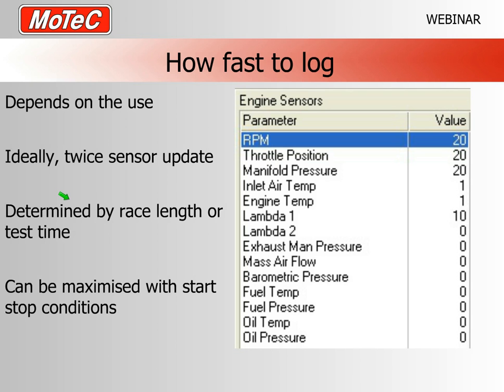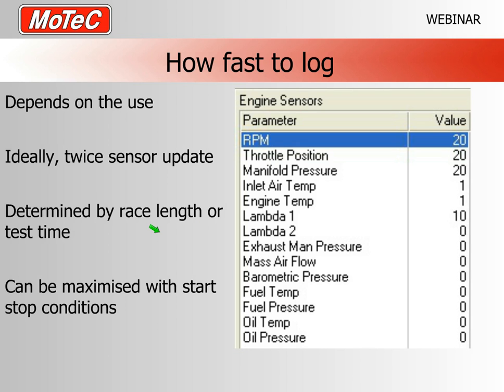If the engine's tuned, and this is merely a driver's session, then we don't need to log RPM at 50 Hertz and lambda at 50 Hertz. But we'll need to log them fast enough so that we can keep an eye on the tune. So experience will determine just exactly what your minimum numbers will be here.